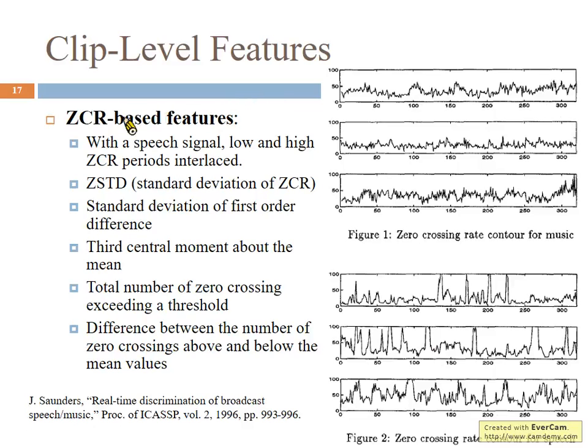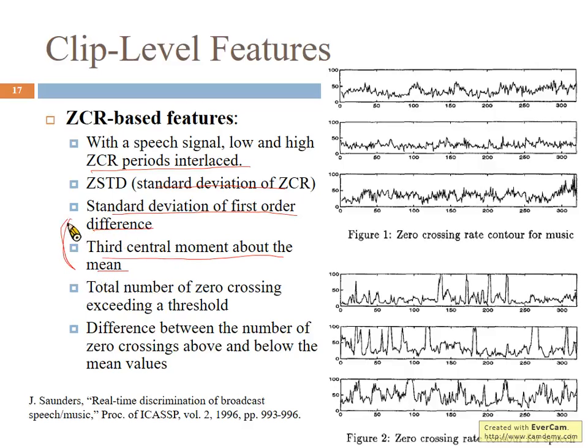And also, based on ZCR, we can calculate some clip-based ZCR features. With a speech signal, there are low and high ZCR period lengths. Then we can calculate ZSTD, the standard deviation of ZCR, the standard deviation of the first order difference, and the third central moment about the mean.